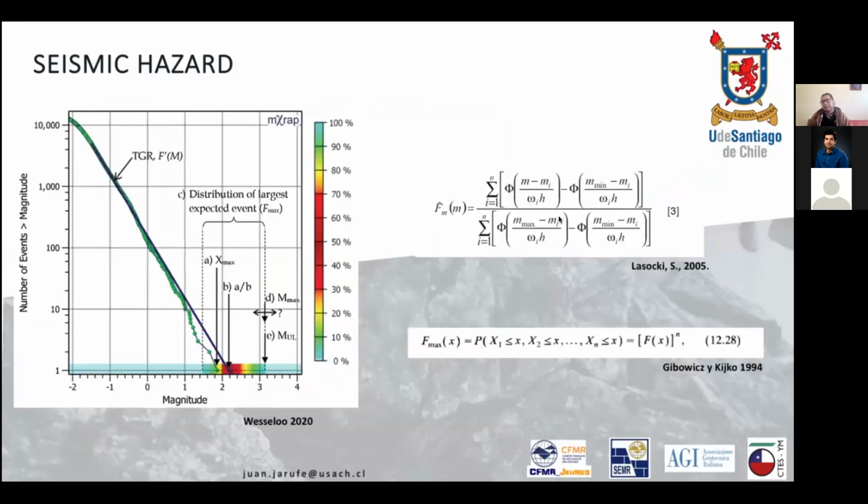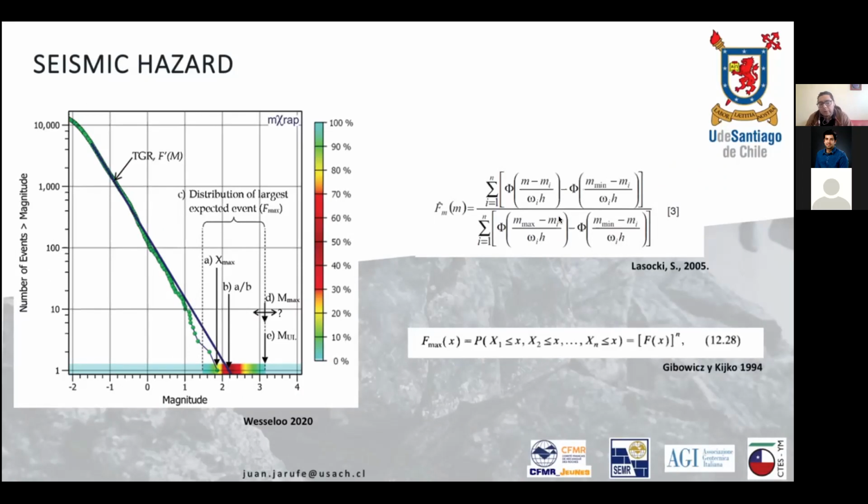All of that has been described in several papers in the mine seismicity field, some by Gibowicz and Kijko in '94, by Lasocki in 2005. They describe the equation that describes this distribution of the maximum magnitude.